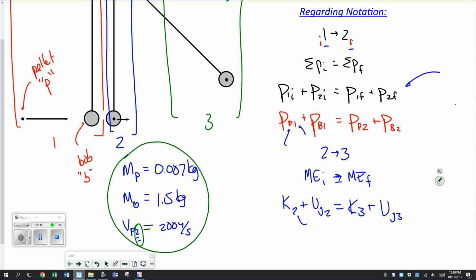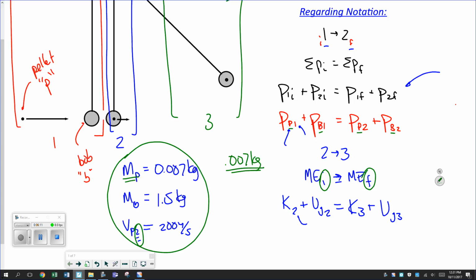And not just writing, oh, they told me 7 grams, because that doesn't tell you much unless you identify what that is. So consider a list of givens. Consider talking about not just generically initial and final, but what instant you are talking about. And then consider talking about which actual objects, as opposed to object 1, object 2.